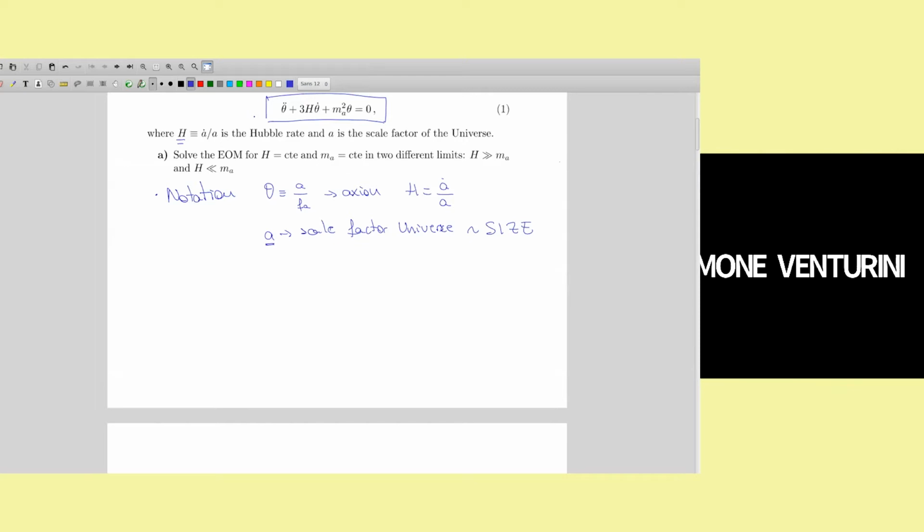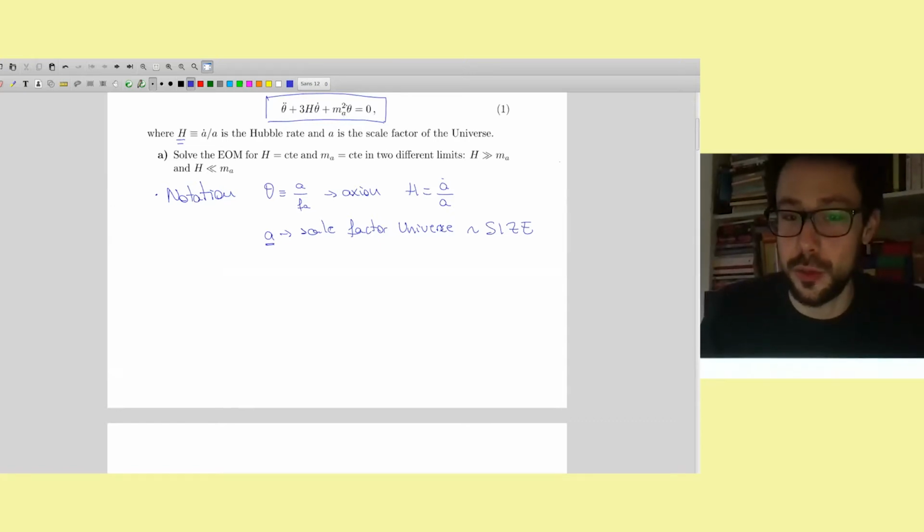It seems a harmonic oscillator with a term. Yes, exactly. So this is the harmonic oscillator with a frequency m_a, in which we also have a friction term.